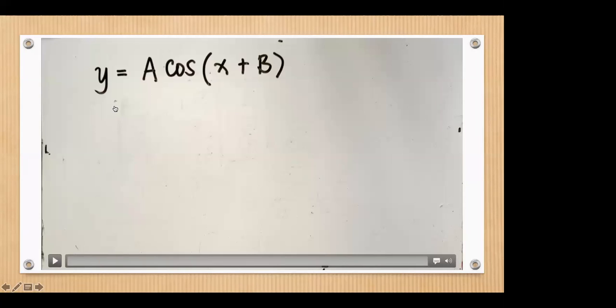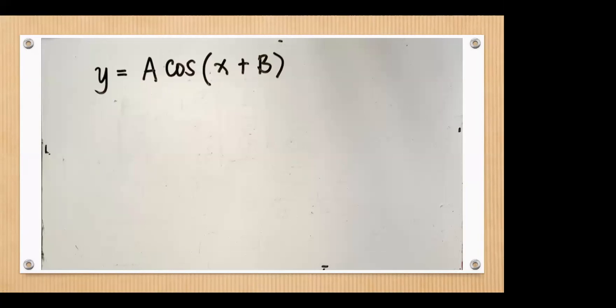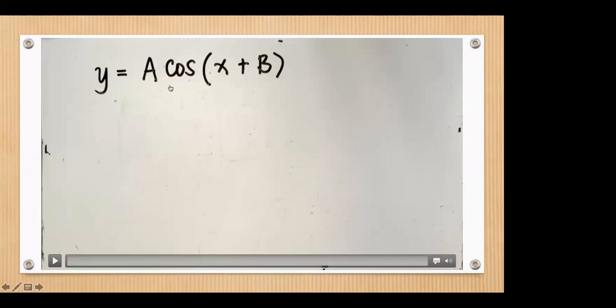Okay, so the first one here is obtain the differential equation of this given solution y equals a times cosine of x plus b. Okay, so take notice of the arbitrary constants here. So you have a and b.